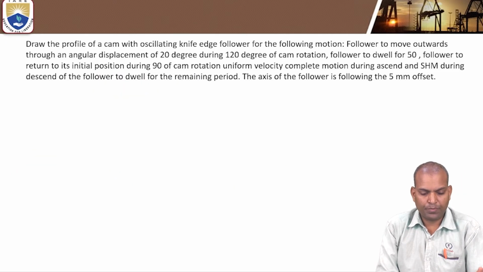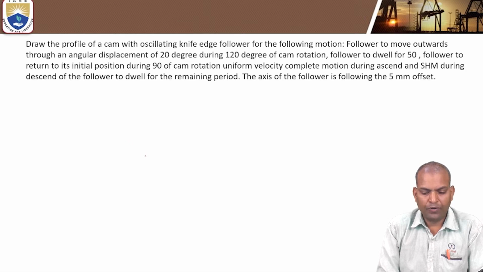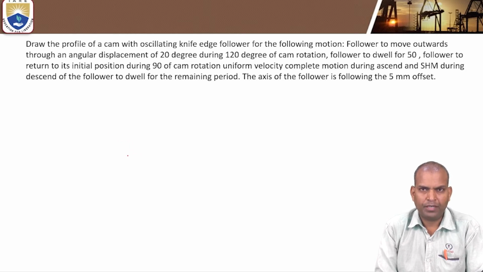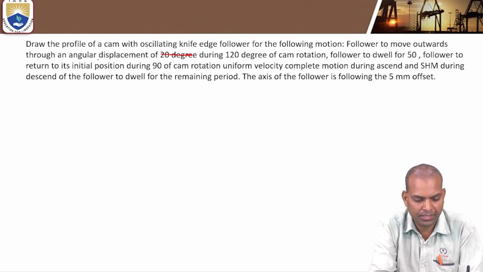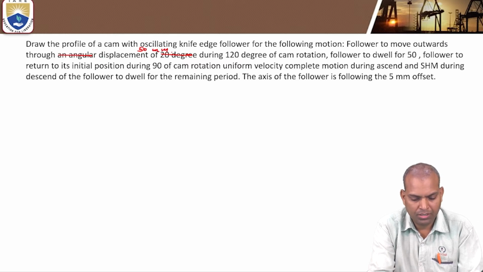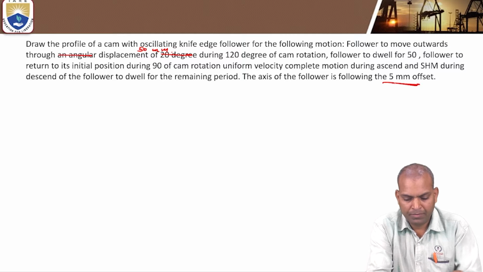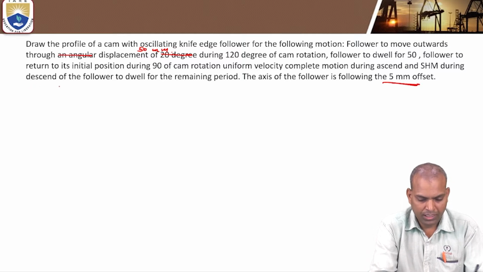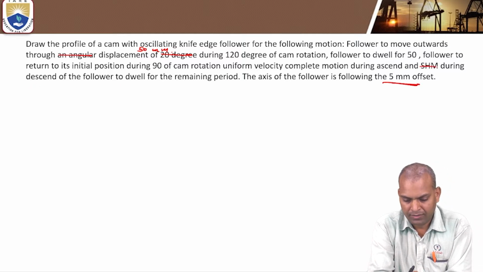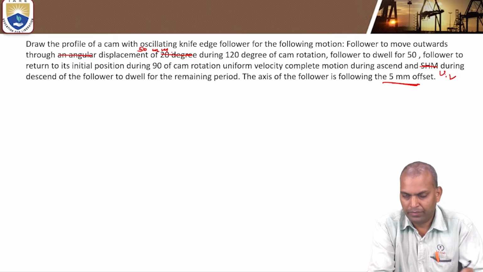Okay. Next problem. Here the follower, for the same notations, has a linear displacement of 50 millimeters and an offset of 5 millimeters. During ascent and descent, it is uniform velocity motion.